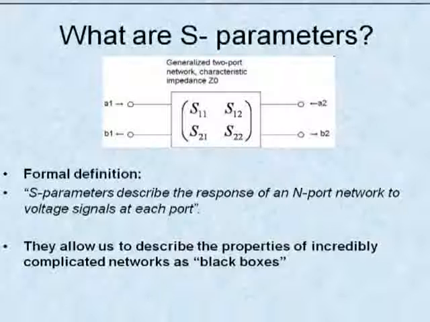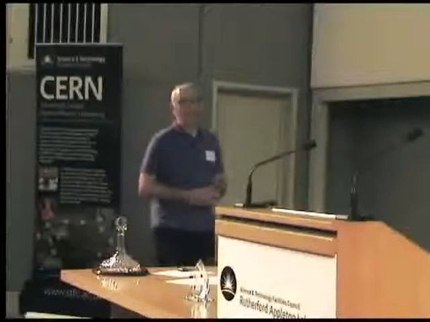What they do is allow us to describe the most complicated network you could imagine as a simple black box, an N-port black box. So it gives you a way of defining an antenna, an amplifier, a 6-way power splitter, and you can describe it just as a few simple numbers.